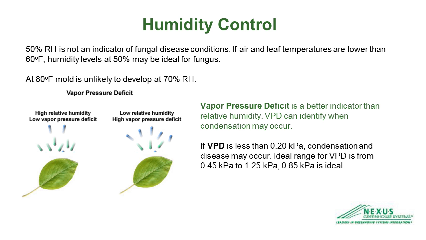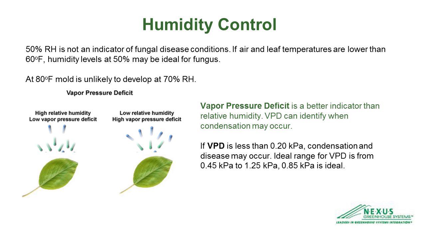On the right-hand side, there's a high vapor pressure deficit, which is a low humidity, and the plant can more easily transpire, and the blue dots can get away from the leaf, and there's less concern for disease. So vapor pressure deficit is how easily water evaporates, or how hard the water molecules in the air are pushing back against the leaf, which in turn affects how easily water can evaporate. That's correct.